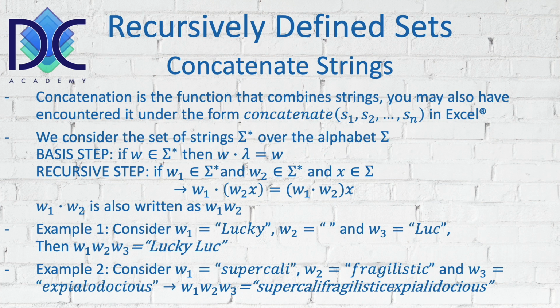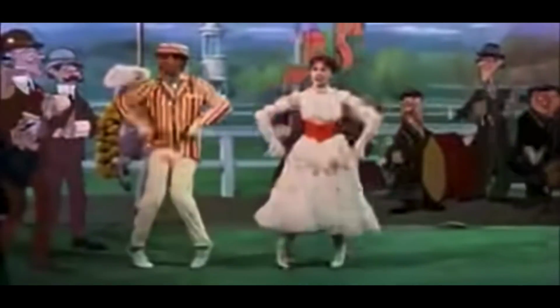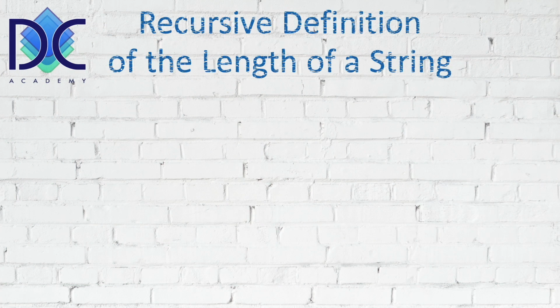I saw it when I was a young boy, but it's still quite famous. You can still find it on the internet and just have a look and see what it does in the movie. So I hope you enjoyed the little extract of supercalifragilisticexpialidocious.